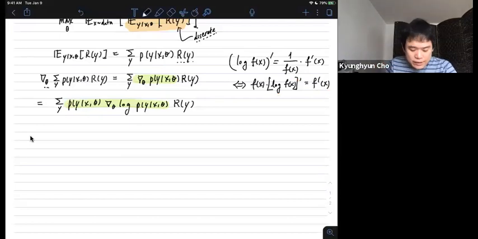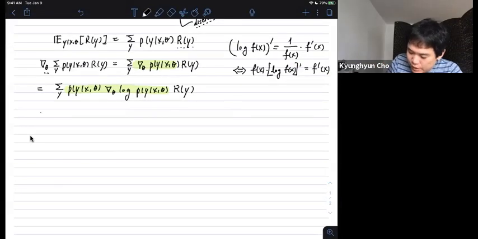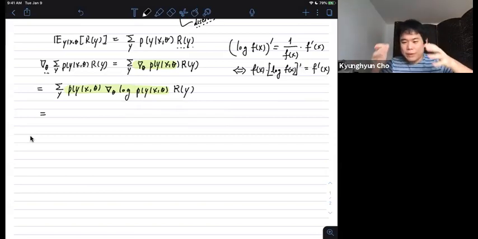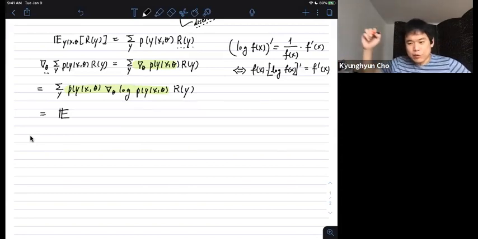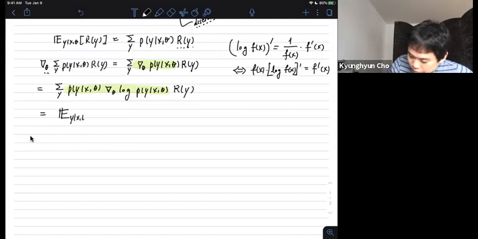And then the nice thing is that what this means is that computing this gradient of the expected reward is the same as computing the expected gradient of the log of p of y given x and theta, weighted by the reward. So let me rewrite it here. I'm going to put the r here first before writing the actual gradient.